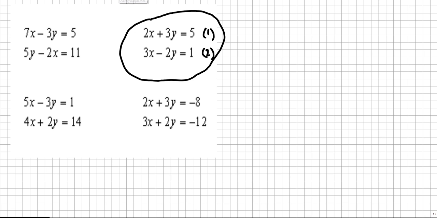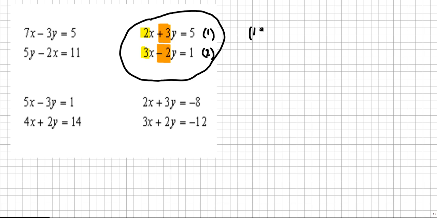We have the x coefficients plus 2, plus 3, and we have the y coefficients plus 3, minus 2. So let's see if we can balance the x coefficients. So 2 and 3 are factors of the number 6.